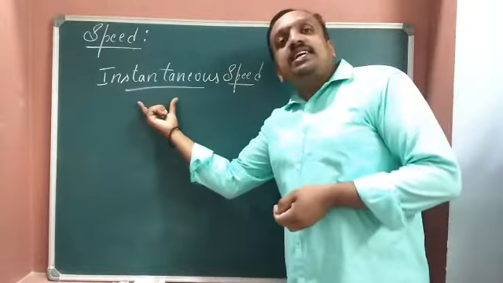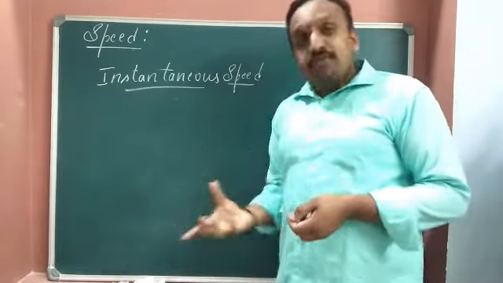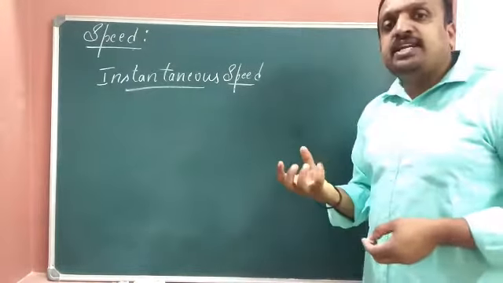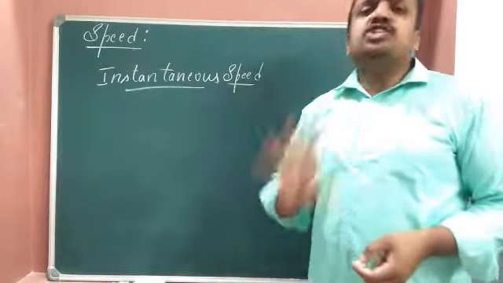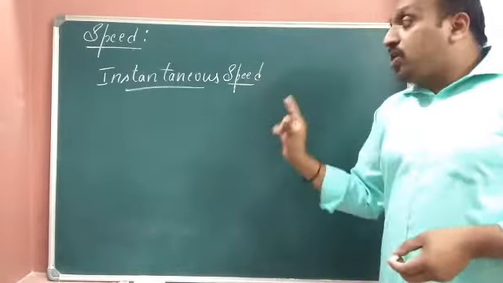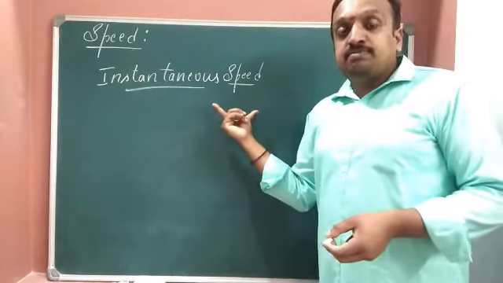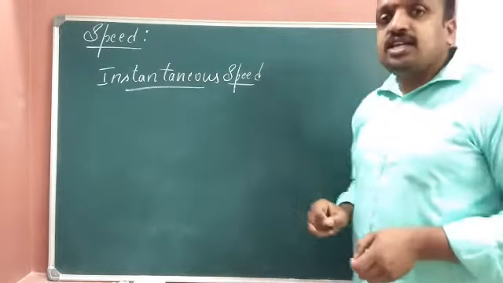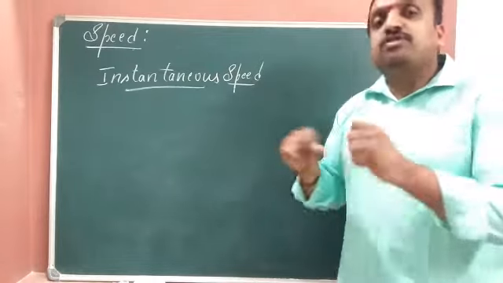Now instantaneous speed. If we are measuring the speed in a very short duration of time, that speed is called instantaneous speed. We can observe this instantaneous speed in the speedometer of our vehicle.